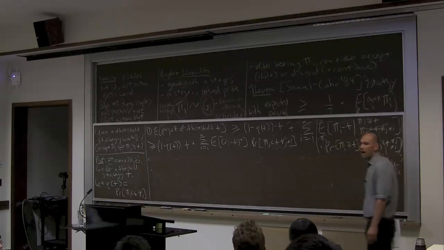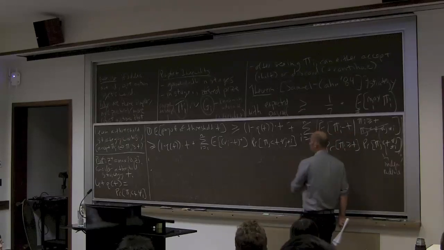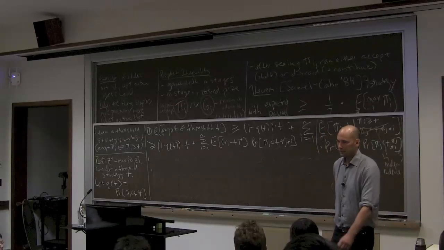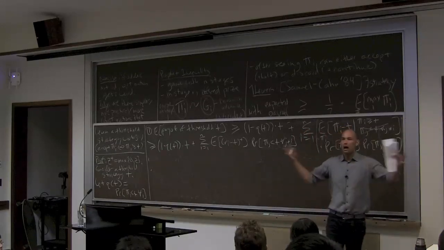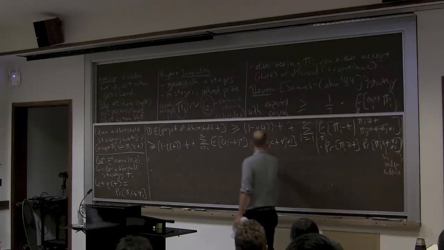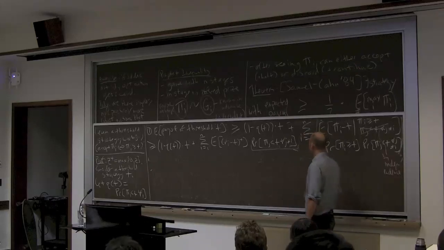Q of t is the probability that nothing is above the threshold. What's this? This is the probability that everything other than i is below the threshold. So this is a less stringent condition, so this is a higher probability. So we can lower bound this by q of t, the smaller event that everything is below the threshold, including i.